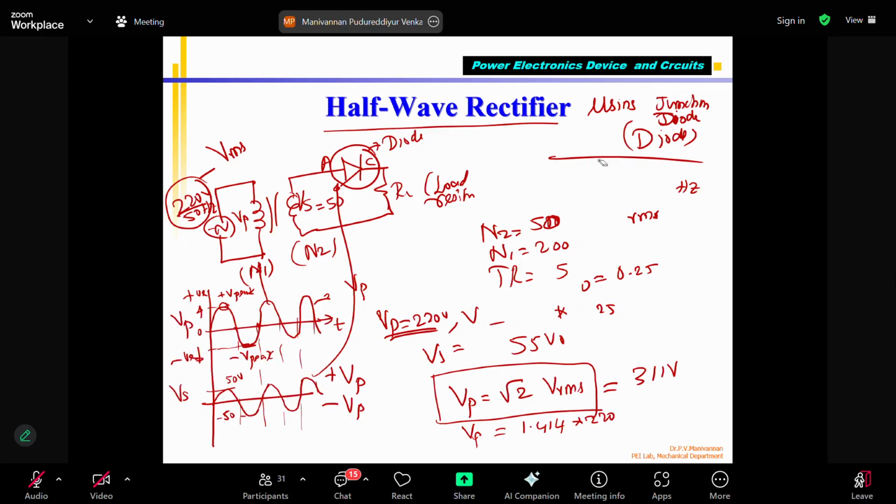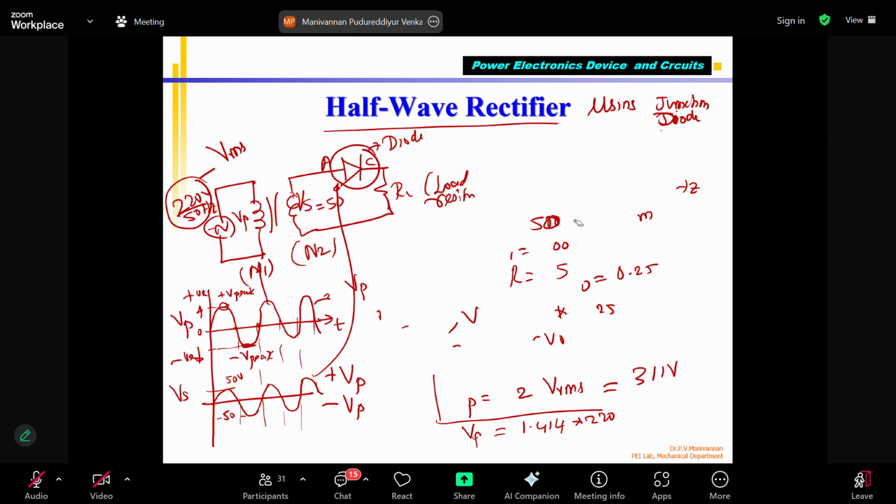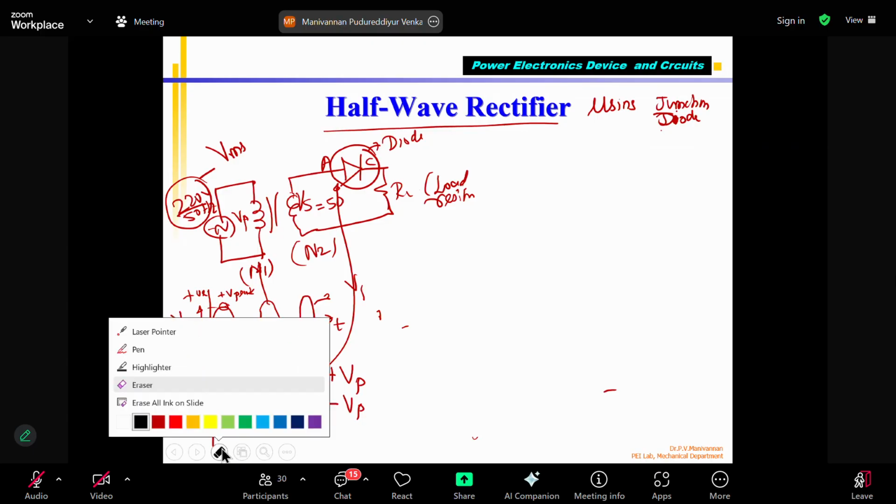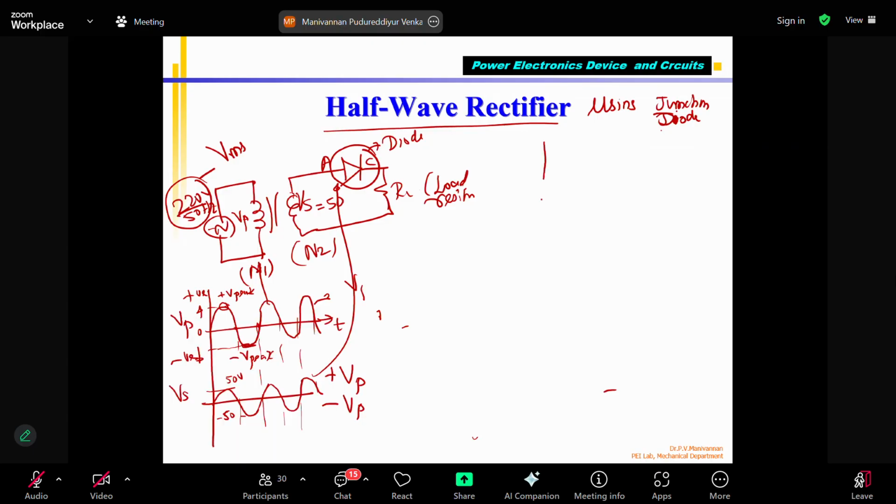This voltage we already know. So the rectified voltage, I will draw all three voltages here.